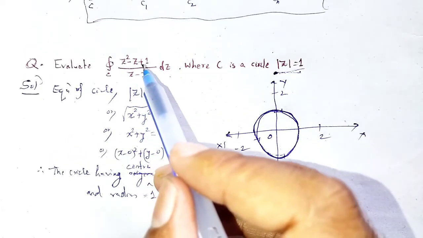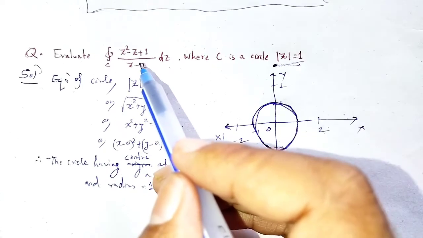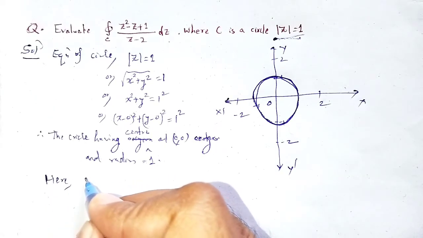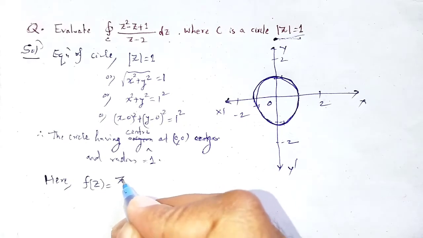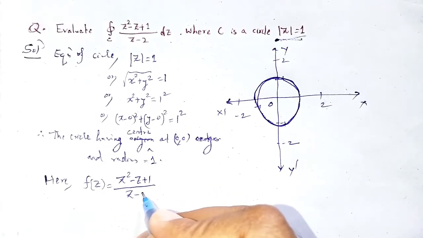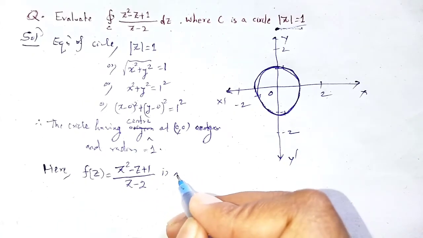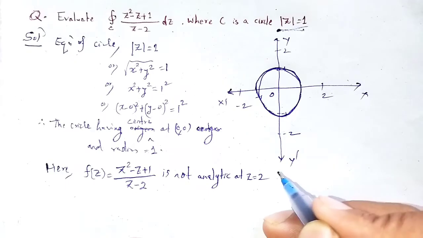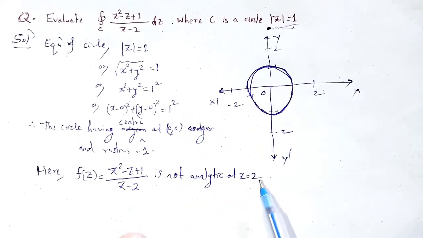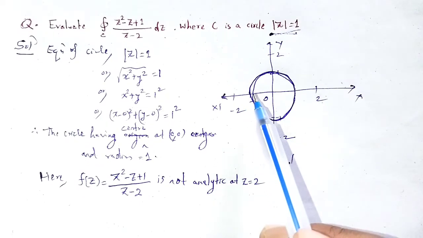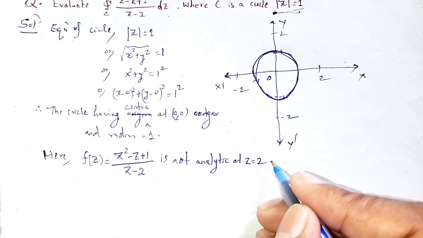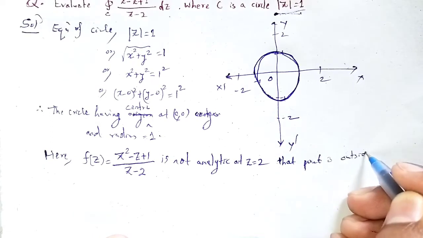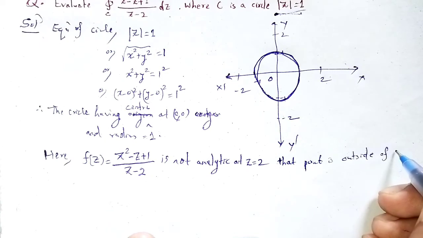Look at the given function z square minus z plus 1 divided by z minus 2. At z is equal to 2, f of z is not analytic, and z is equal to 2 is a point outside of the circle.